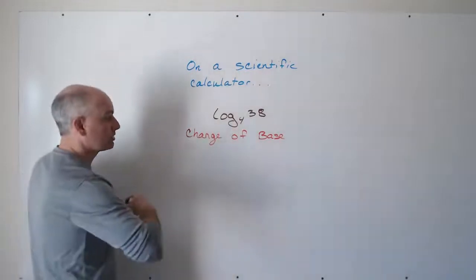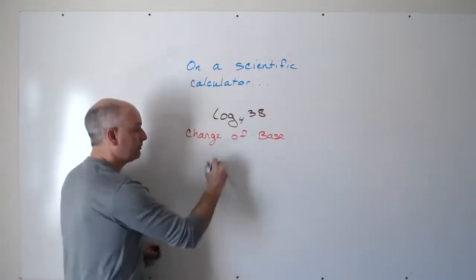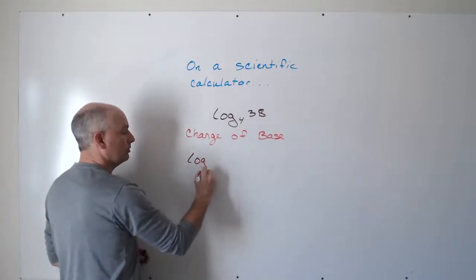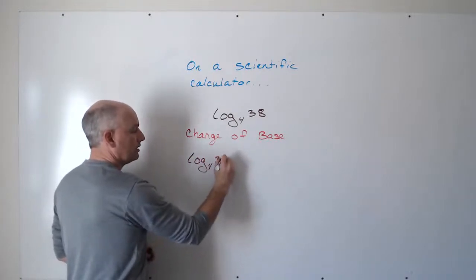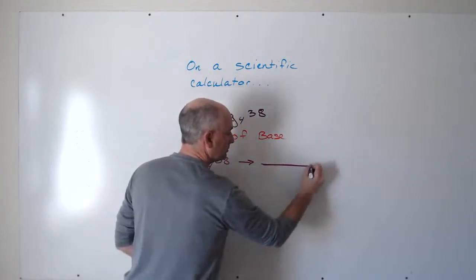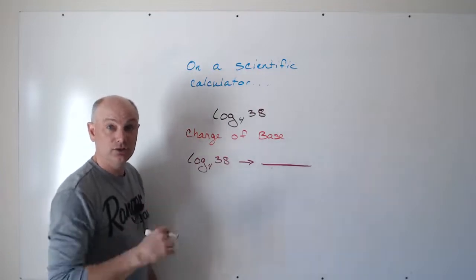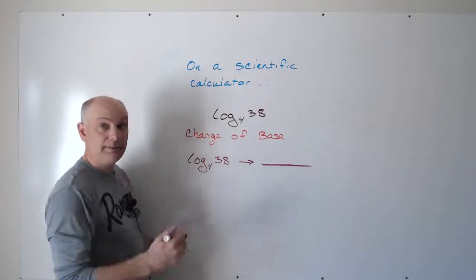Here's how it works. Instead of saying log base 4 of 38, I can rewrite it as a fraction. Okay, now don't get worried about the fraction, because the goal here is to use this on a calculator. I'm going to change my base.